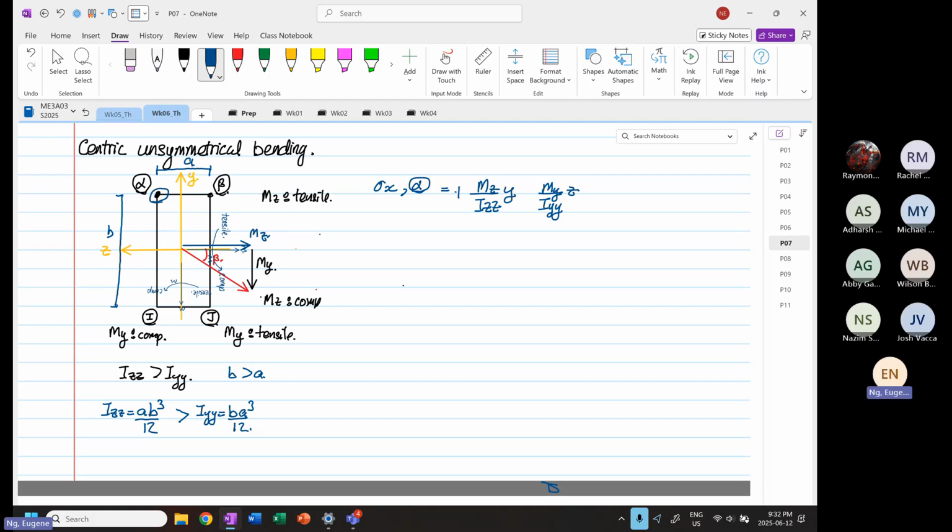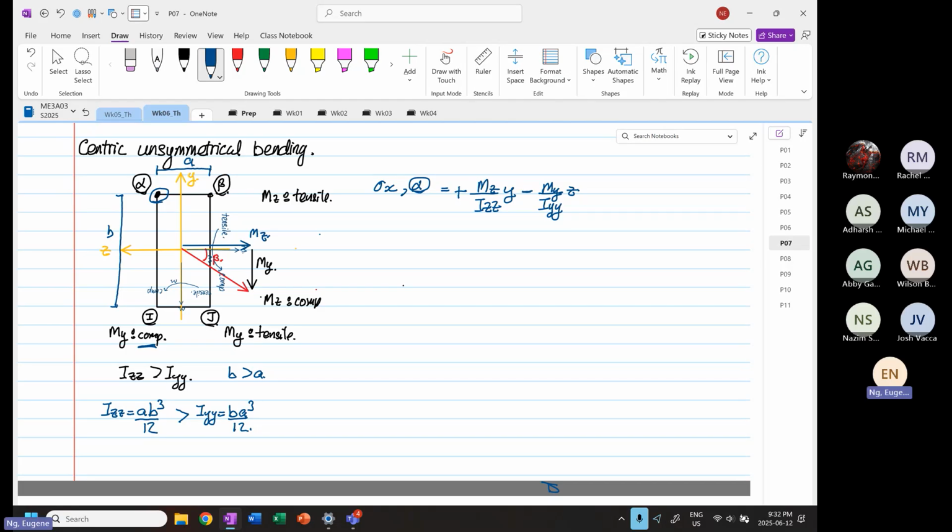Tension, plus. And for MY, we look at MY over here at alpha, alpha is on this side, is going to be compression, negative.